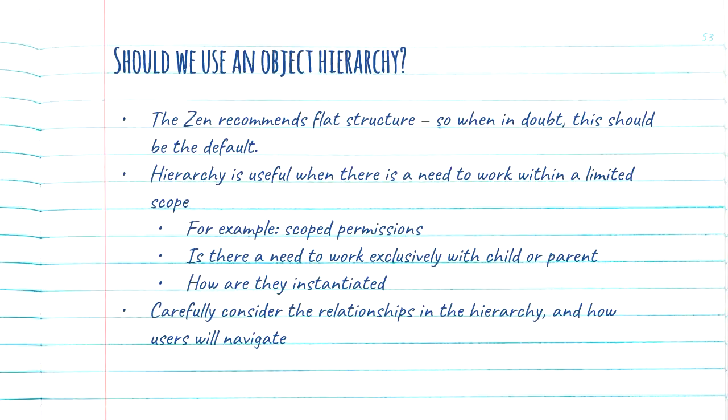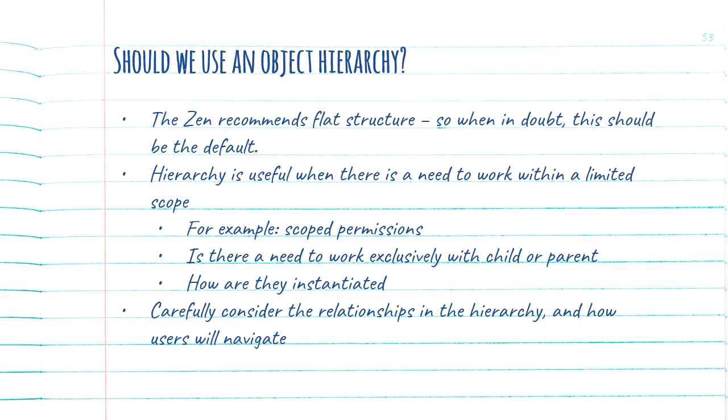So, should we use an object hierarchy? The Zen of Python recommends that Python prefers flat structures. So, when in doubt, don't introduce an object hierarchy, and we should stick with passing in the queue name for each of our operations. However, a hierarchy can be useful if we are looking at things like scoped permissions, needing to work exclusively with a set of functions for the child or the parent class.